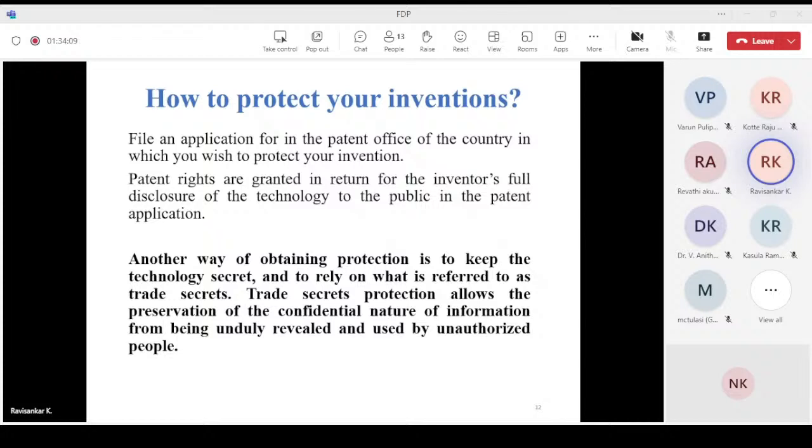To prevent this, if you don't want to disclose your invention, you keep your information as a technology secret and rely on what are referred to as trade secrets. Trade secret protection allows the confidential nature of information to be preserved from being unduly revealed and used by unauthorized people.